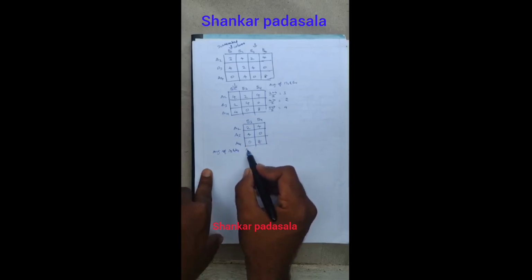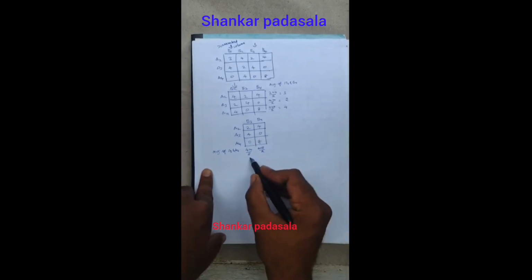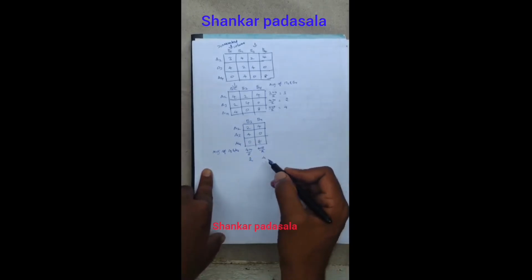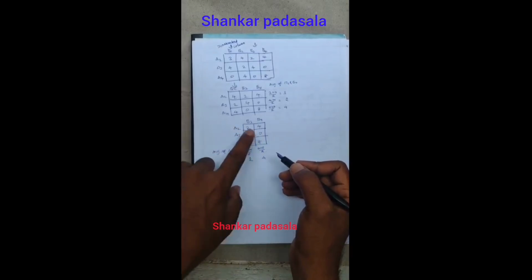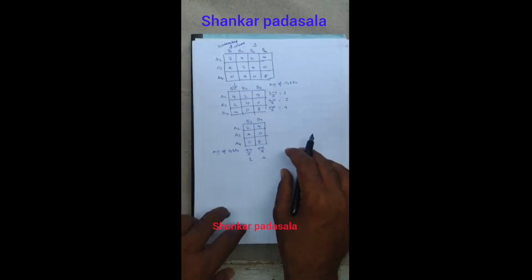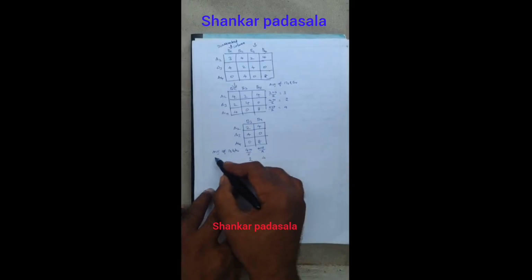What will we get? 4 plus 0 divided by 2 and 0 plus 8 divided by 2. So here we will get 2 and 4. Now comparing all values in A2, 2 is equal to 2 and 4 is equal to 4. So either equal or lesser. So the row value is lesser than the average.